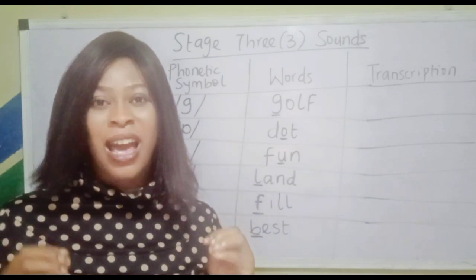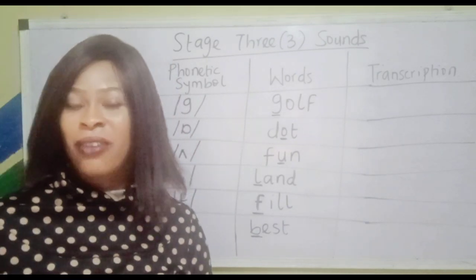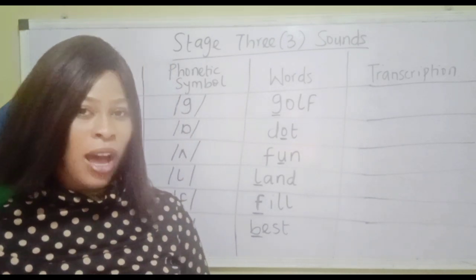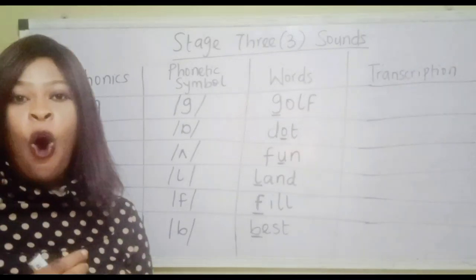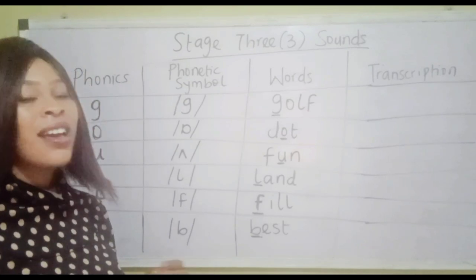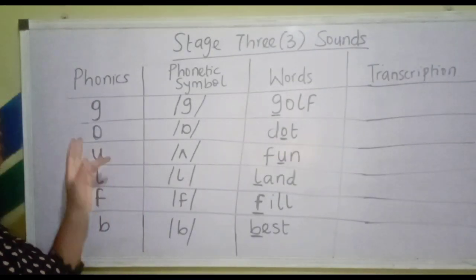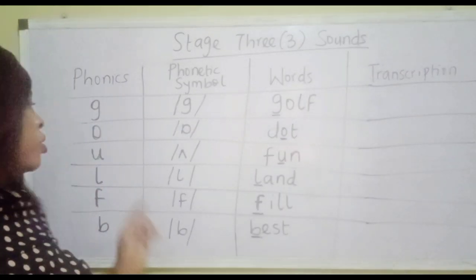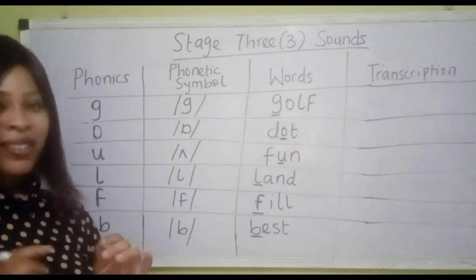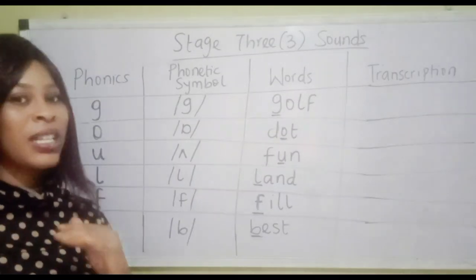It is sounding just the way we have your sun, we have your gun, and so on. So there's a slight difference between the O sound and the short U sound. When you say the O sound, the shape of your lips is rounded. But when you use the second sound, the shape of your lips is kind of spread. So it gives it another sound.